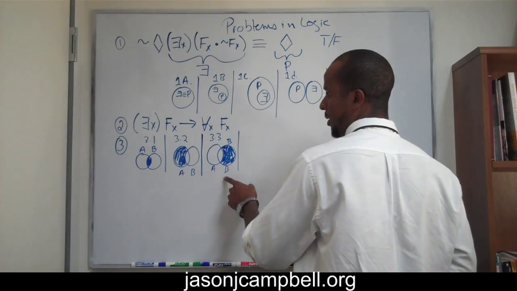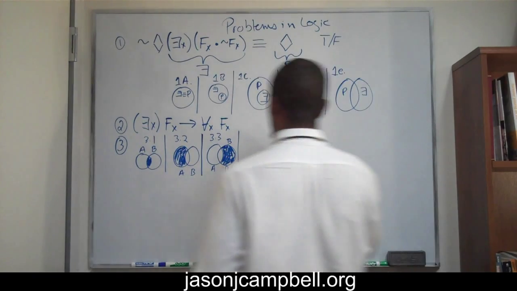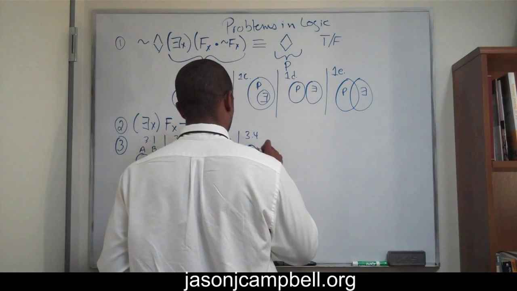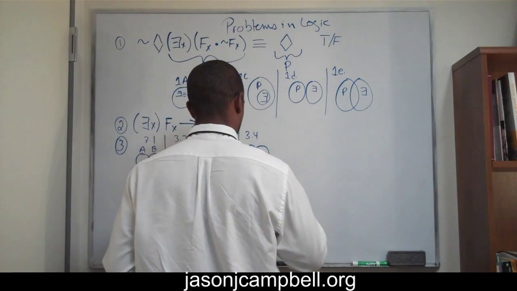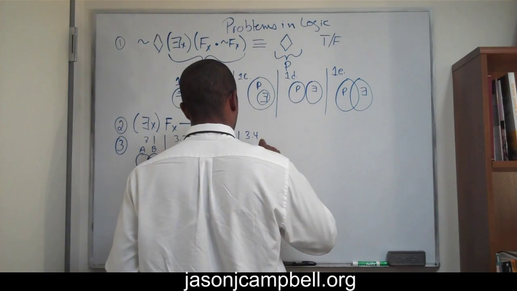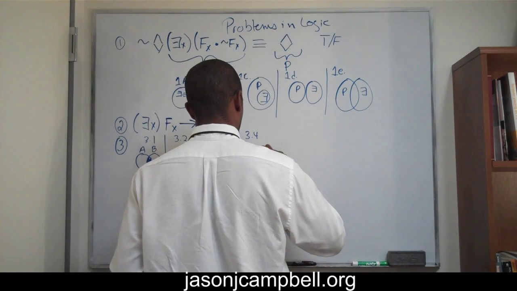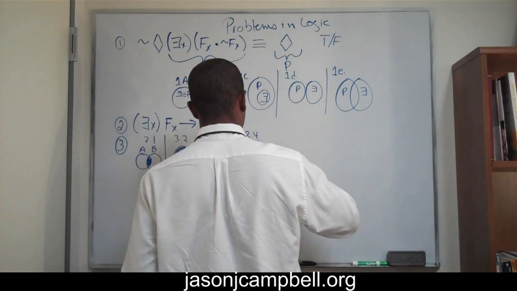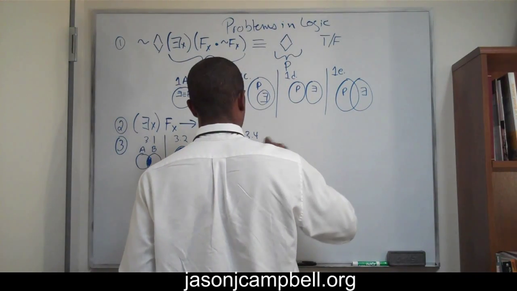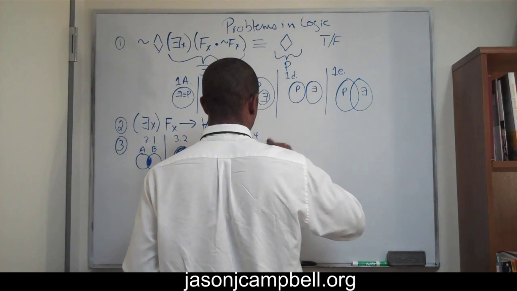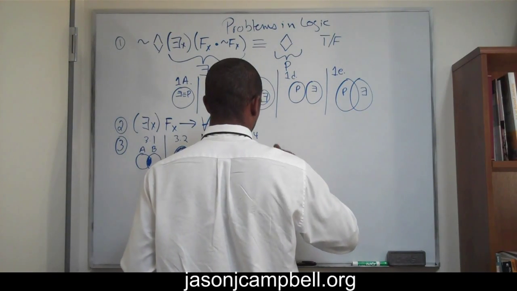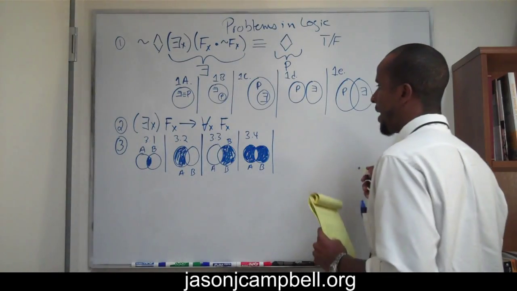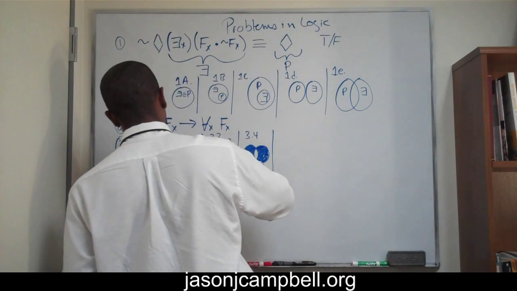What does this mean? 3.4. 3.4 is this. 3.4 is represented by this. Okay, what does that mean in 3.4? Let me shade this one in a little bit more.